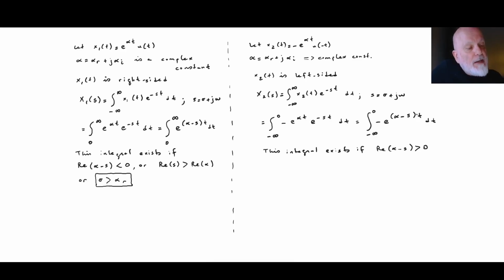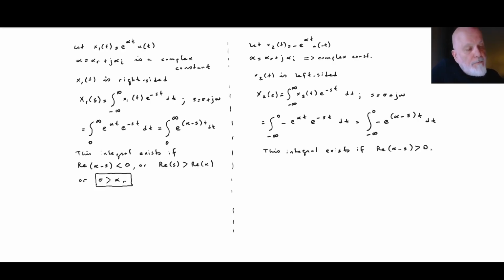As t tends to minus infinity, the real part of alpha minus s must be positive, and therefore we will have exponential decay. Okay?